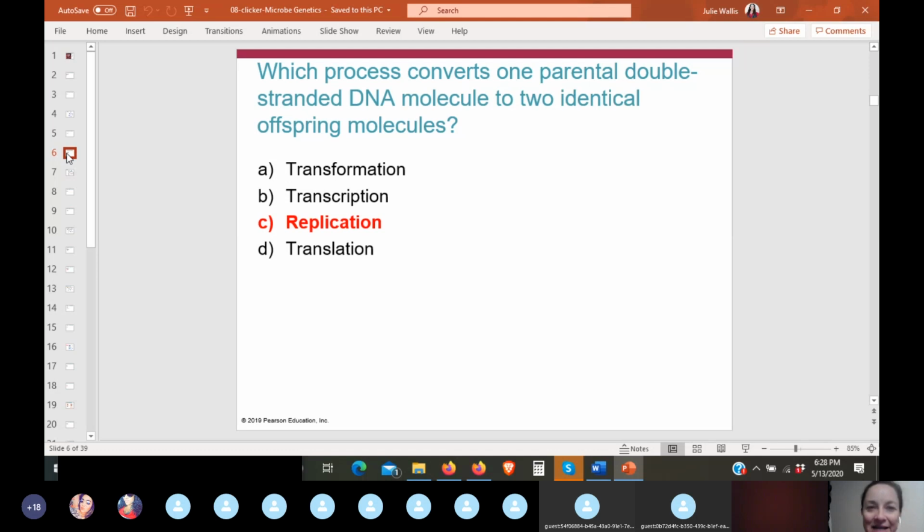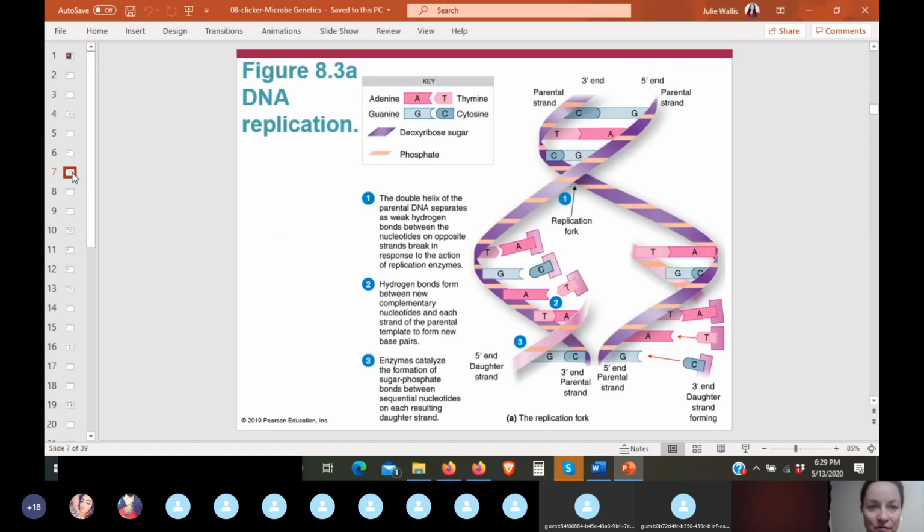So DNA replication is the copying of all of the genetic material to make a new cell. Transcription is for copying the DNA into RNA to make a protein, and then translation is copying that RNA message into the protein product. I think we have a slide where that comes up later again, so we'll talk about it more and have that picture for it.